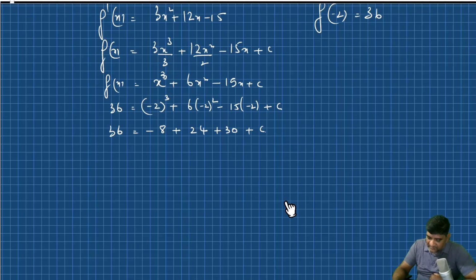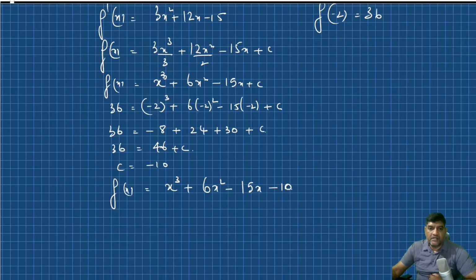So how much is this going to be equal to? This is going to be 16. 30 plus 16 is 46. So c is -10. So the actual equation will be f of x is equal to x cubed plus 6x squared minus 15x minus 10.